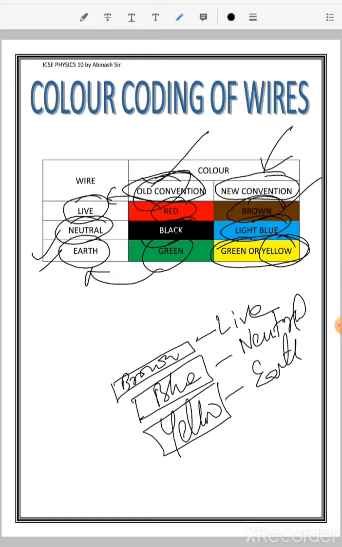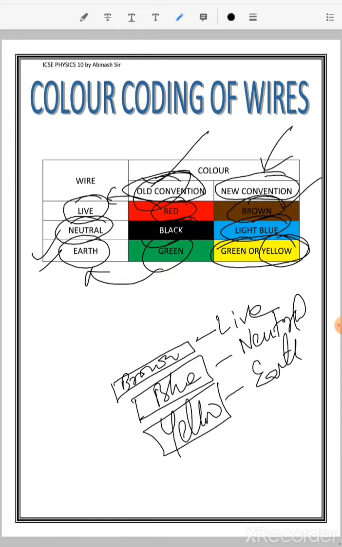Now you must remember both color codings. In the old convention, red was live, black was neutral, green was earth. As per the new convention, brown insulation denotes the live wire, light blue denotes the neutral wire, and green or yellow denotes the earth.